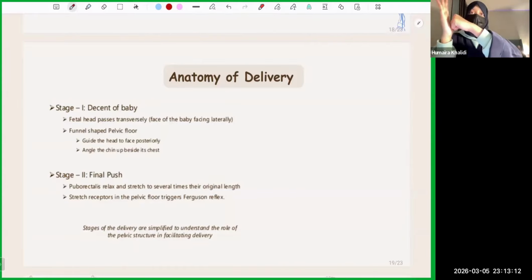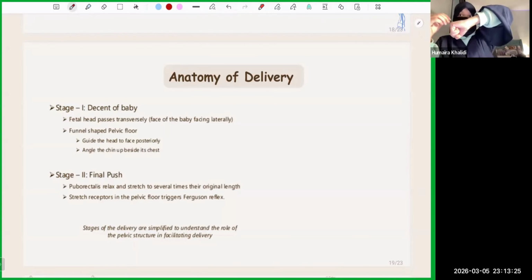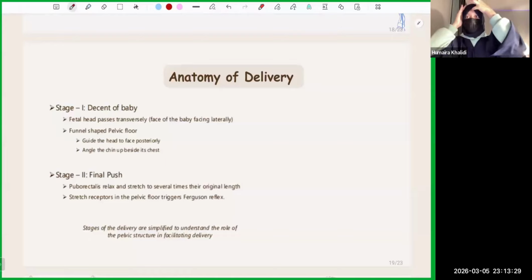And then the pelvic muscles start acting. They start contracting, relaxing, contracting and relaxing. This causes the baby's head to flex towards its neck. This is flexion, by the way. So it's getting the head near the neck. Now, what is the point of doing this?